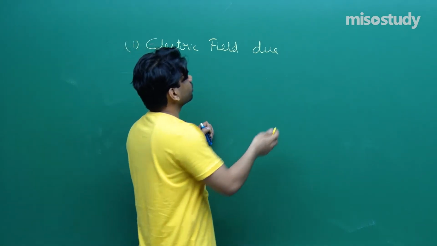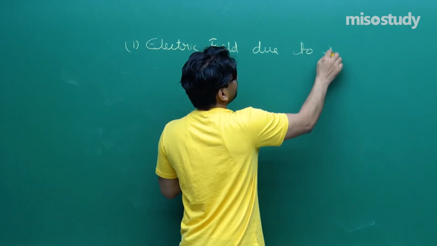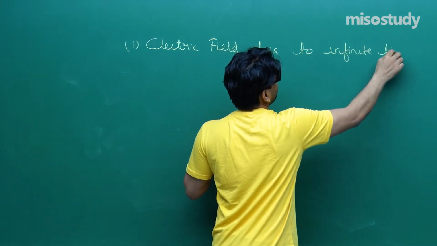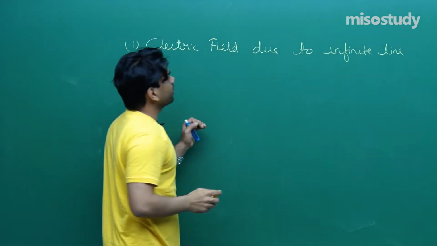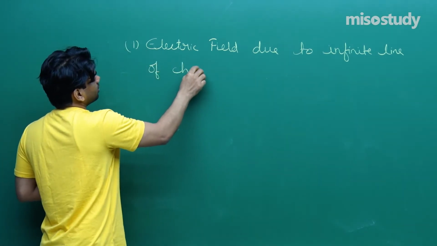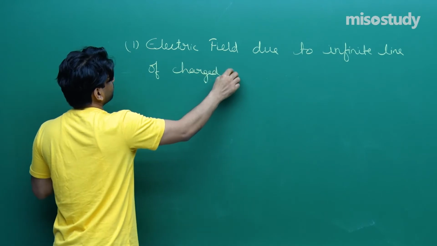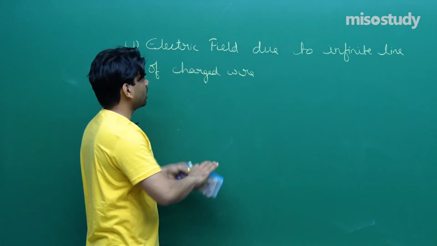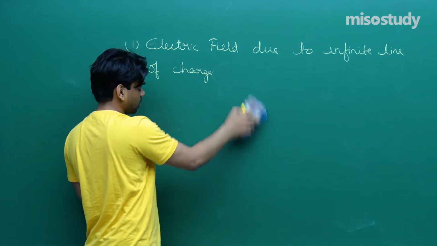So electric field due to an infinite line of charged wire, or infinite line of charge, you can say. Instead of wire, you can say infinite line of charge.